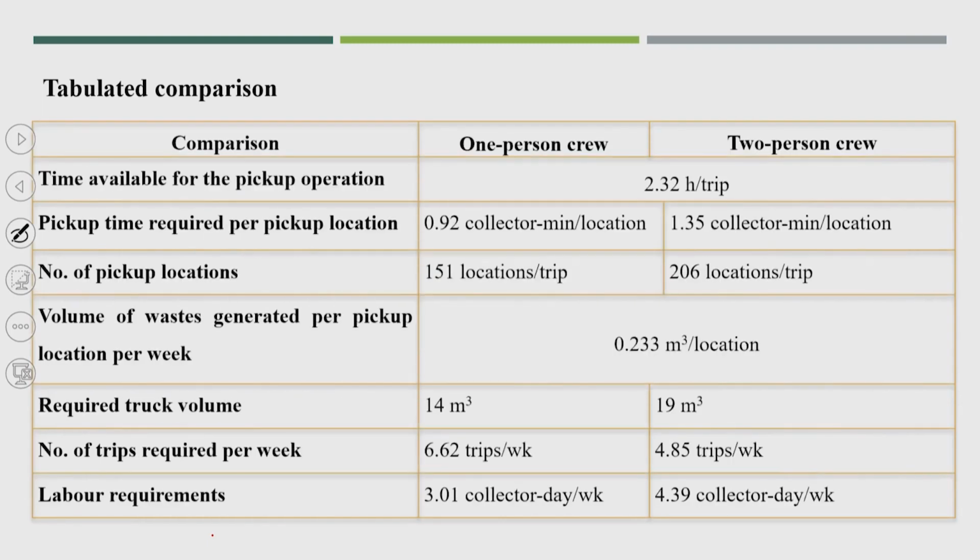Now, there is one more tabulated answer here. The time required per pickup location is the same for both cases. So, here TP value, number of pickup locations, a very surprising number, 151, in this case 206, and the required truck volume is smaller here compared to the 2 person crew, and a number of trips could be possible more here compared to the 2 person crew, and finally, the labor requirement also is very much less compared to the 2-person crew.